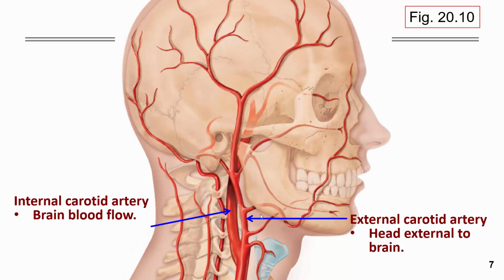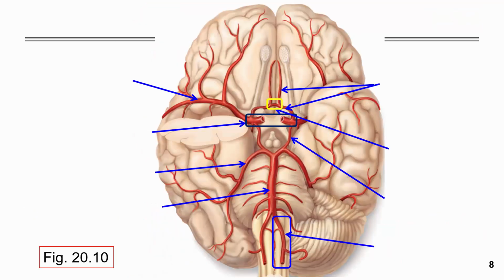So the external carotid artery will supply blood to the more superficial tissues as opposed to the internal carotid artery that carries blood to the brain. And so the external also serves the oxygen needs of the eyes and all the associated tissues.